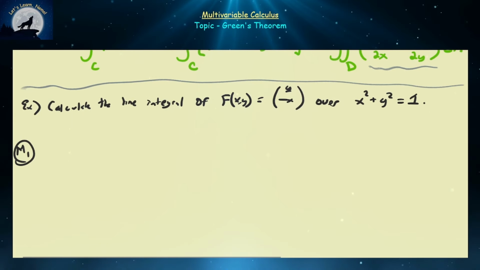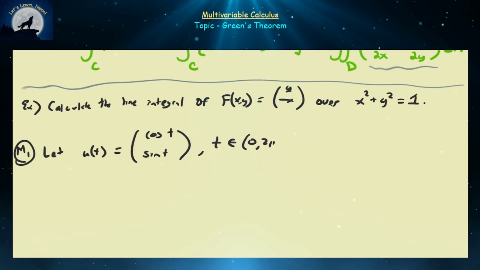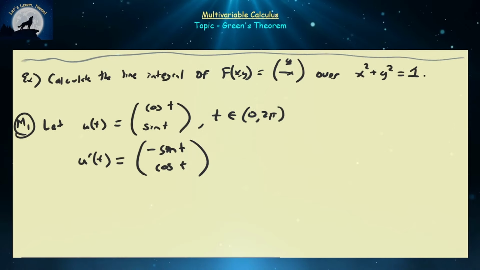All right, so if we approach this from the pure perspective of line integrals, then what we're going to be doing is letting u of t be equal to, so we need to parametrize this unit circle. That's very easy to do. We can let u of t be equal to (cosine t, sine t), where t belongs to 0 to 2 pi. And therefore u prime of t will be equal to (minus sine of t, cosine of t).